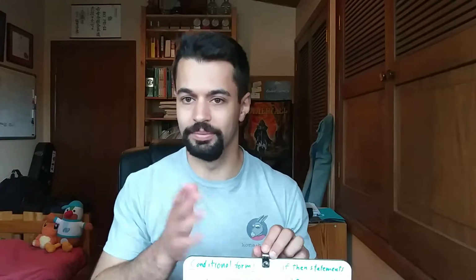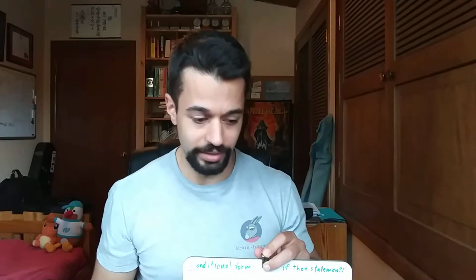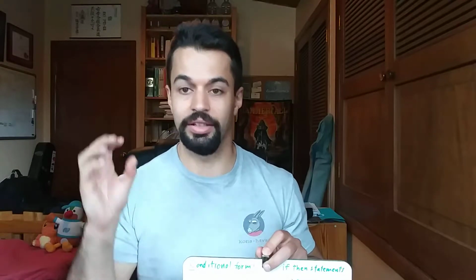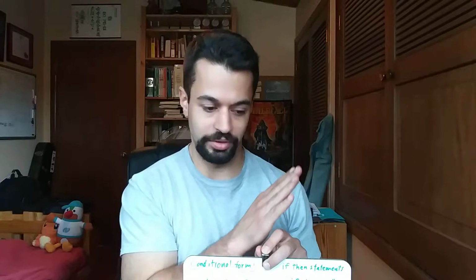But of course I wanted to make that sound a little bit more natural in English, so I just said in good soil with enough water and sunlight, plants can grow big and strong. But you still get the idea that that's a condition. First the condition and then the result. Right? So that's basically how this works.